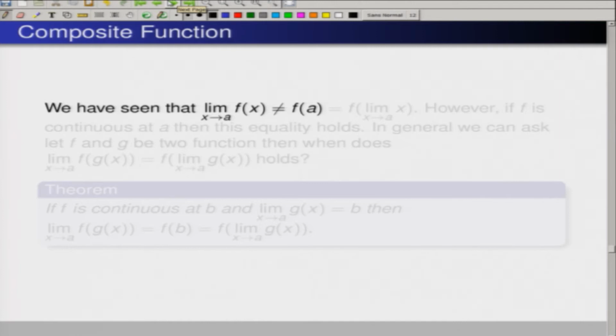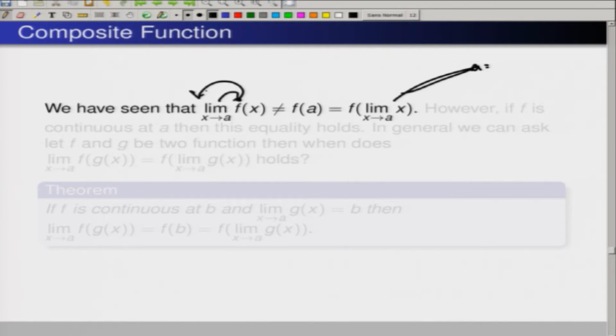Now, what we have seen is that not necessarily does limit x goes to a, f of x equal f of a. It may not happen; only when continuity holds, this is going to be f of a. Now, f of a, I can write as f of limit x goes to a of x. So, in other words, if f is continuous at a, then we are in a sense interchanging the limit and the function.